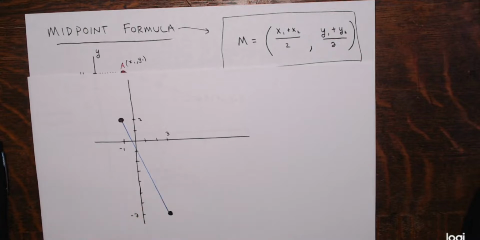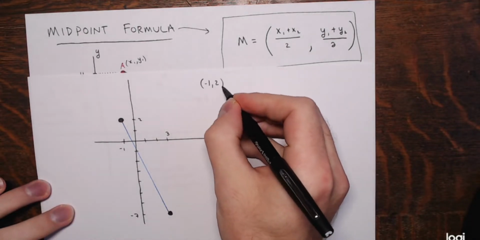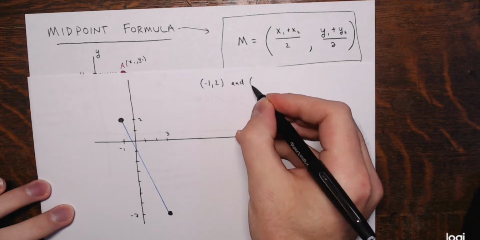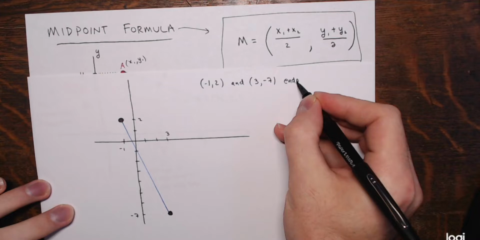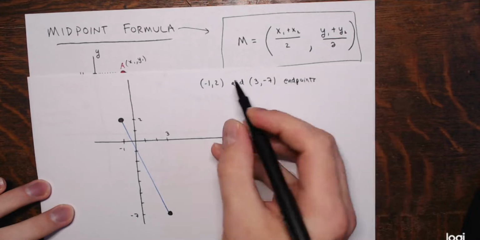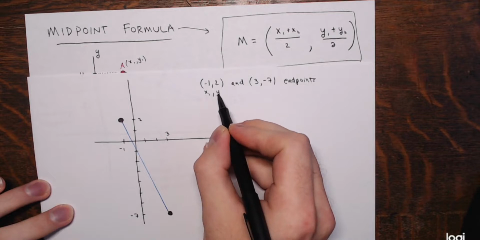Well, the points that we're given, again, are negative 1, 2, and 3, negative 7. These are the endpoints. If I want to label them, this will be x1, y1, and x2, y2.